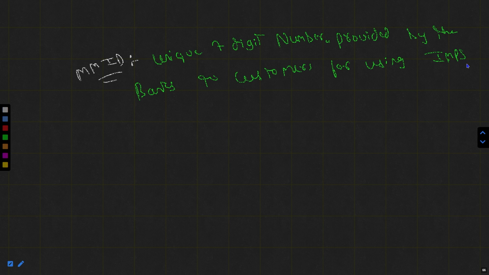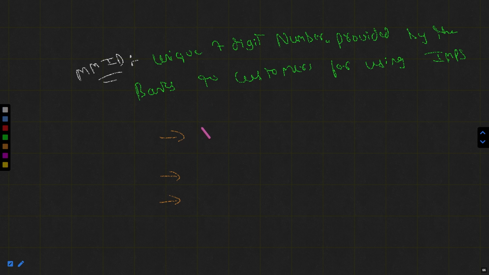Okay, so MMID is basically the unique 7-digit number which is provided by the banks to the customer for using IMPS. Even you could generate it on your own, and for this there are 3 ways you could generate this MMID number.